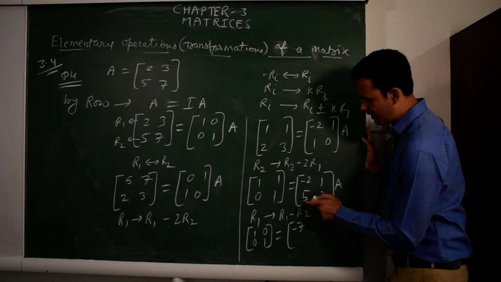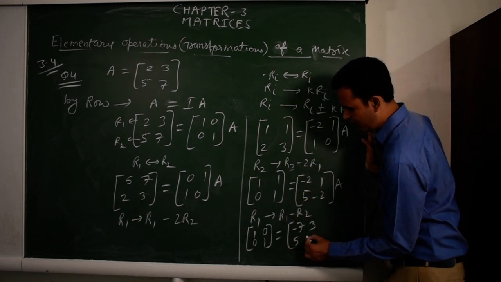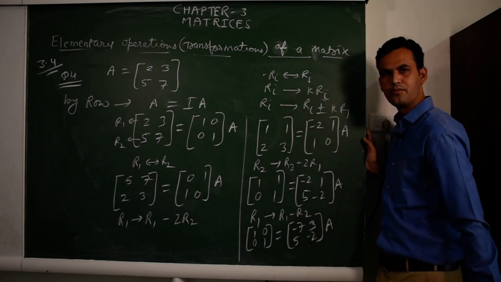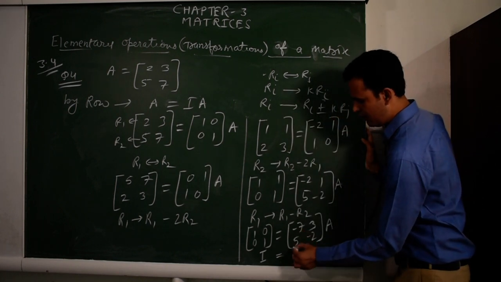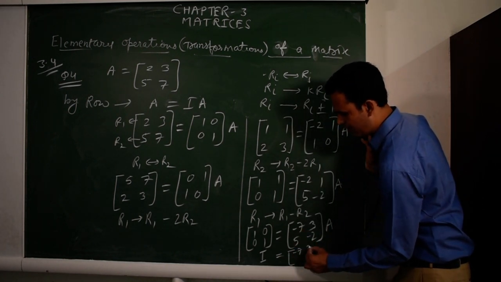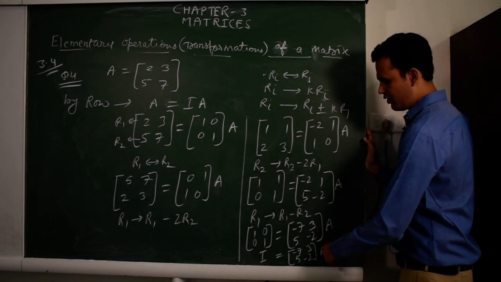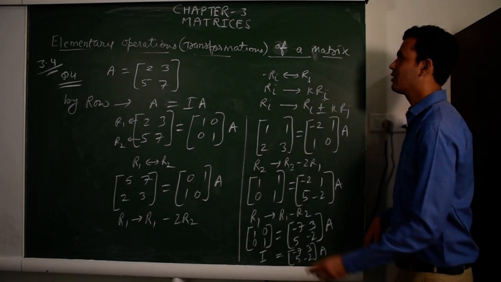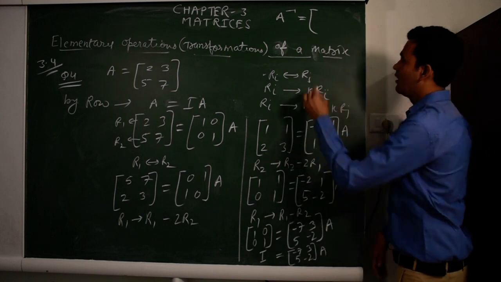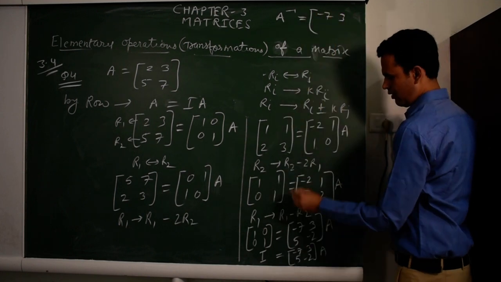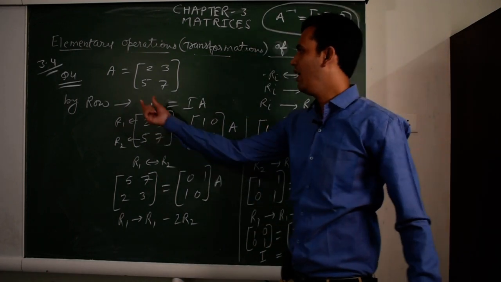No change in R2, so 5 and minus 2, and A. Now this LHS becomes I, and the RHS is minus 7, 3, 5 and minus 2. So we interchange this A to the LHS, so we get A inverse equals to minus 7, 3, 5 and minus 2. This is the inverse of A.